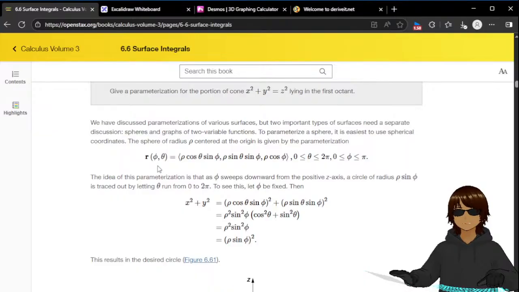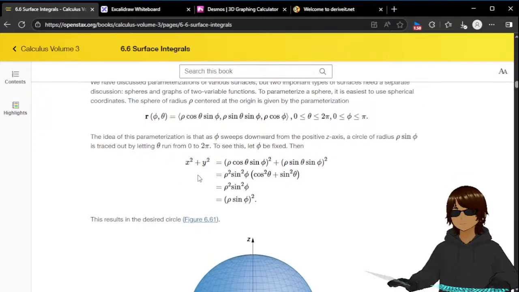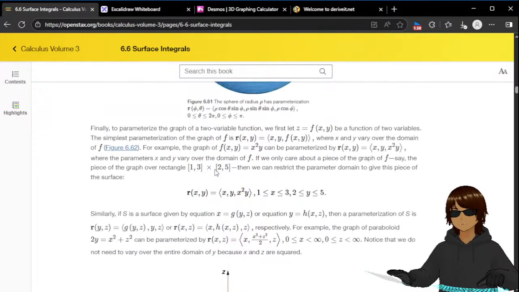The idea is that as phi sweeps downwards from the positive z-axis, a circle of radius rho sin phi is traced out by letting theta run from 0 to 2 pi. To see this, let phi be fixed. Then you have this.